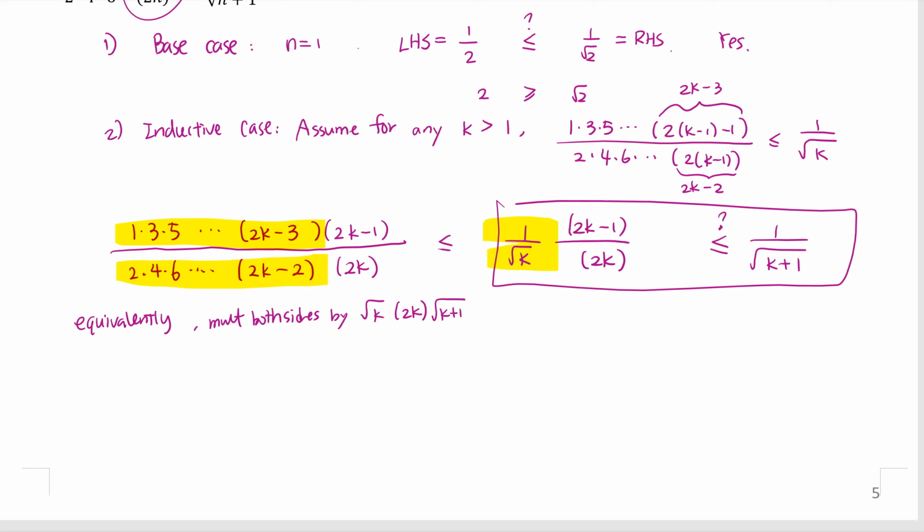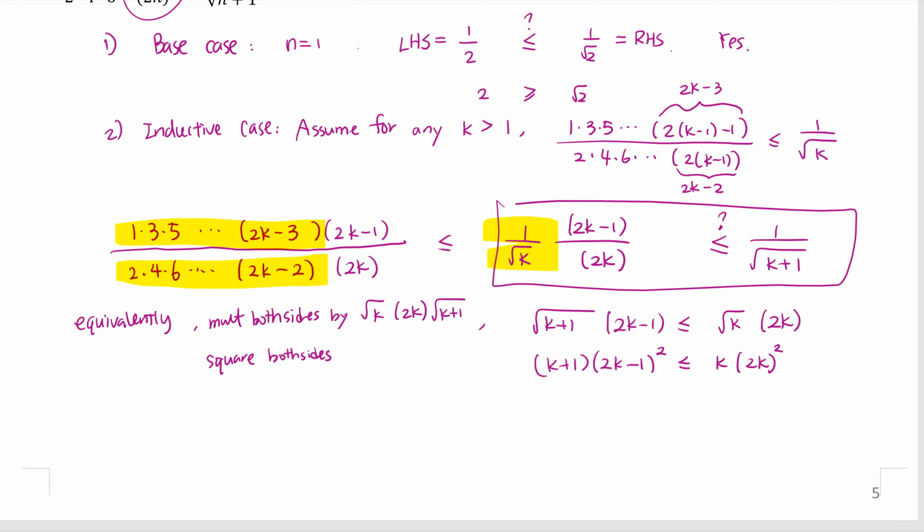So we will have square root of k plus 1 times (2k minus 1) less than or equal to square root of k times 2k. Because both sides are positive numbers, we can square both sides, and all of these lines are equivalent. So we have (k plus 1)(2k minus 1) squared less than or equal to k(2k) squared.